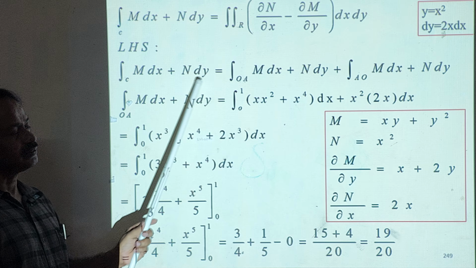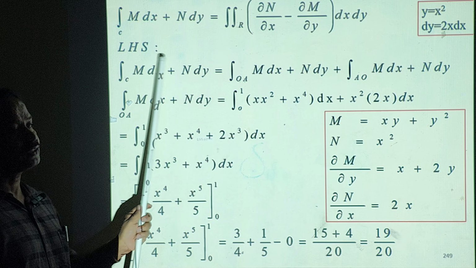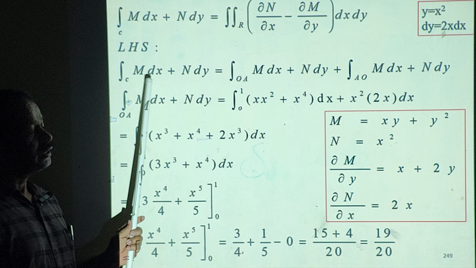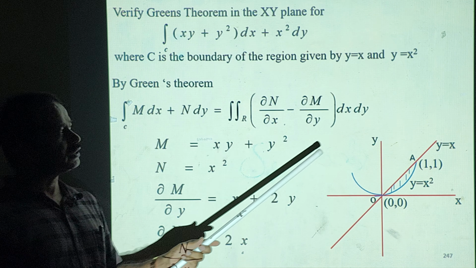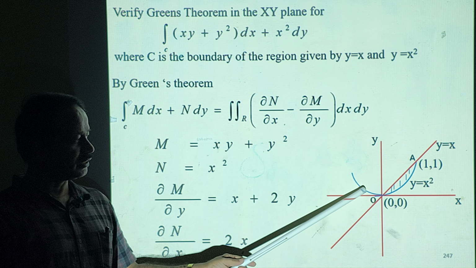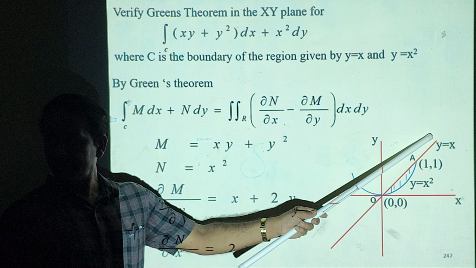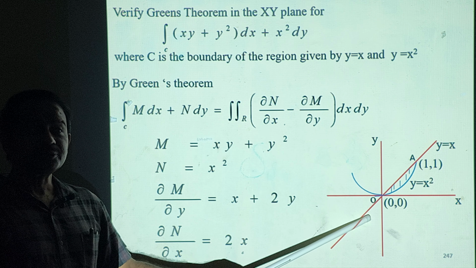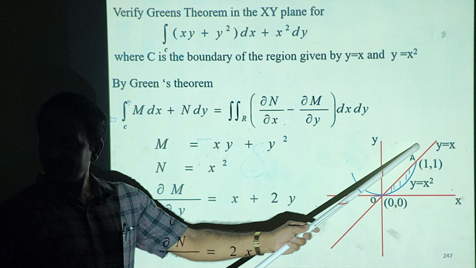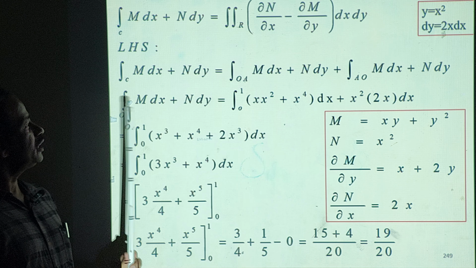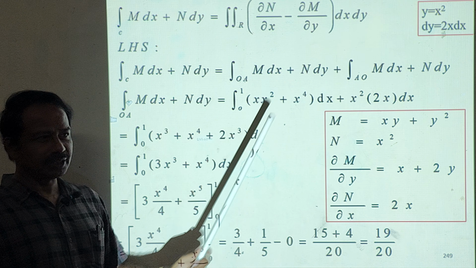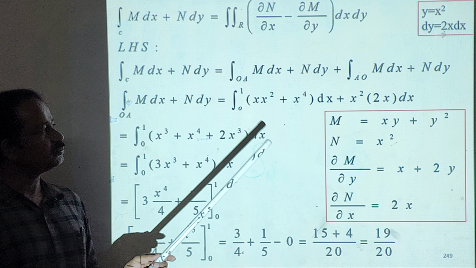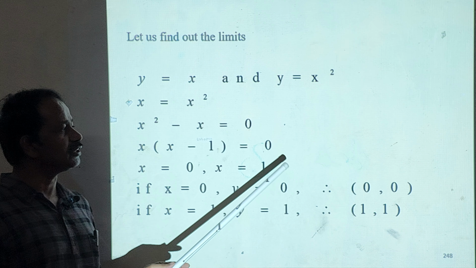So the left hand side is this one. We have now the integral of M dx + N dy, and you just look at the graph. As I said earlier, it goes from O to A, then A to O. So we have two curves.